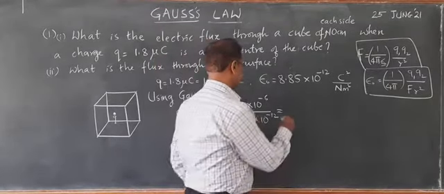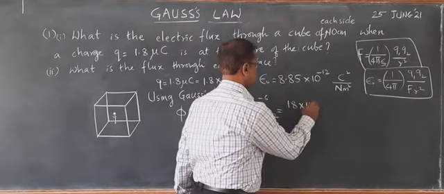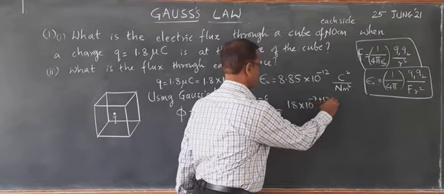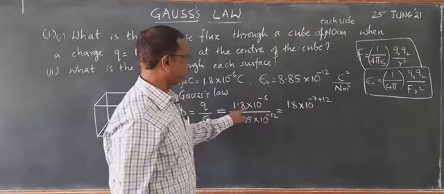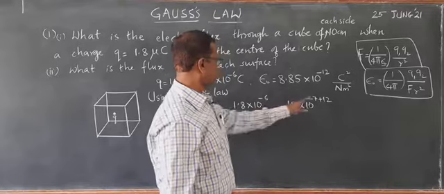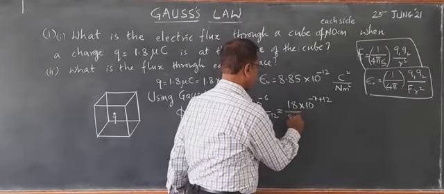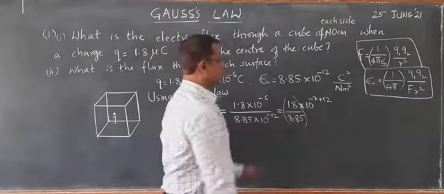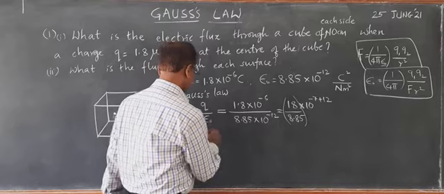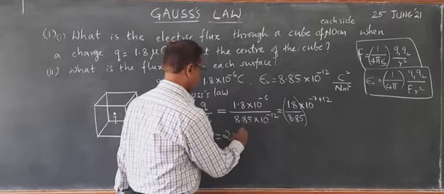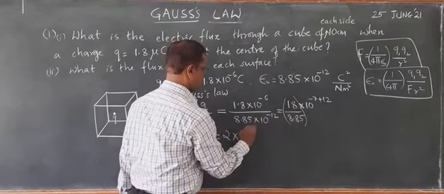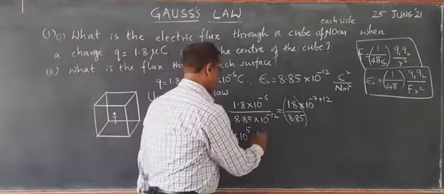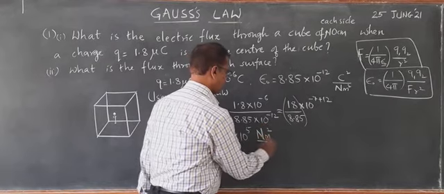So, 18 by 10 into 10 raised to minus 6 plus 12, that is 10 raised to 6 minus 1, divided by 8.85. If you take 8.85 approximately as 2 in the result, we get flux equal to 2 into 10 to the power of 5 newton meter square per coulomb.